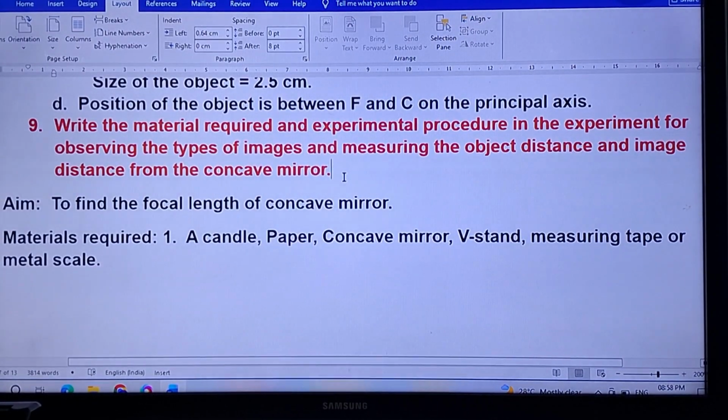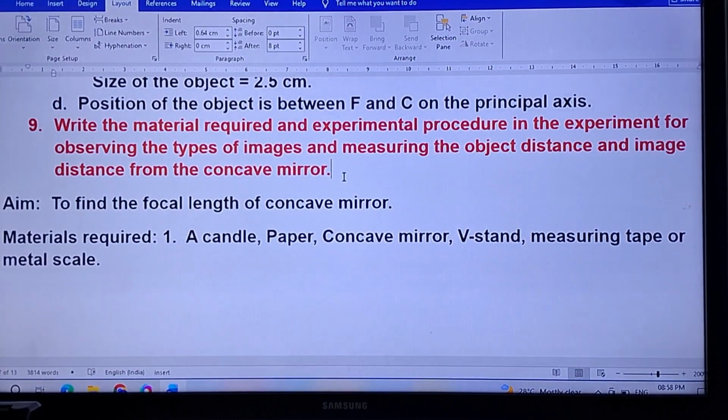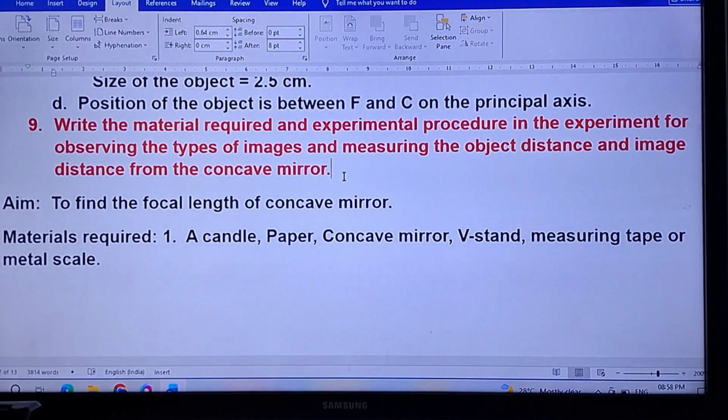What are the materials that you want to conduct an experiment? What is the experiment? Experiment for observing types of images. Which type of image is formed? And measuring the object distance and image distance. In the experiment you need to measure the object distance as well as the image distance.